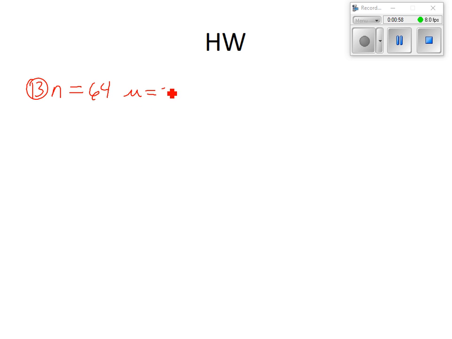Mu is 24, and sigma is 1.25. We want the probability that our X is less than 24.3.